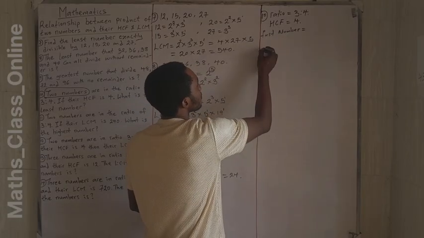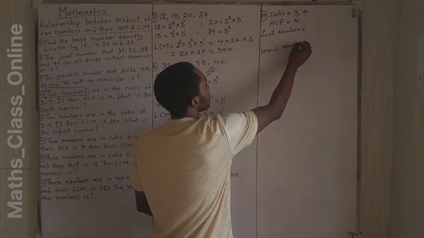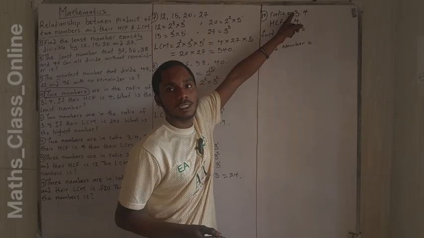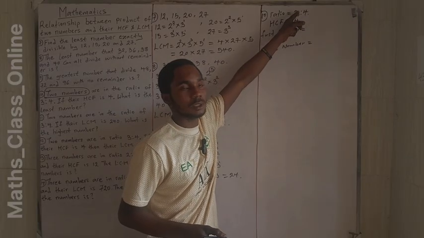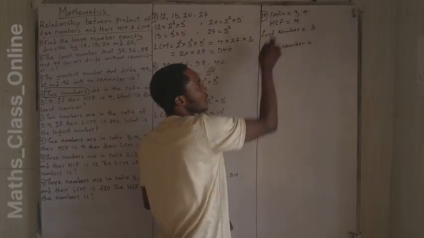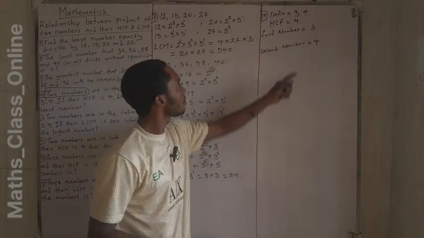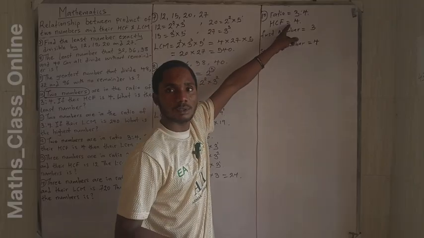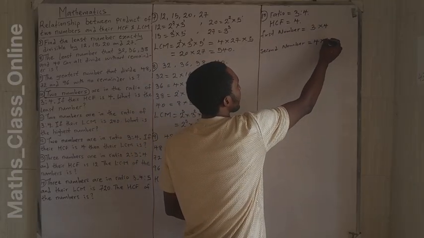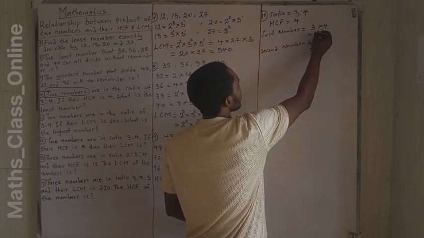What is the first number in the ratio here? The first number in the ratio is 3. The second number in the ratio is 4. What are we going to do now? The HCF we have is 4. Multiply this by 4, and also multiply this by 4. This is equal to 12 and this is equal to 16.